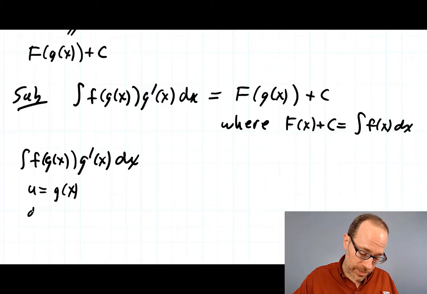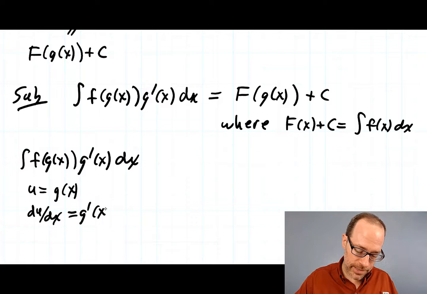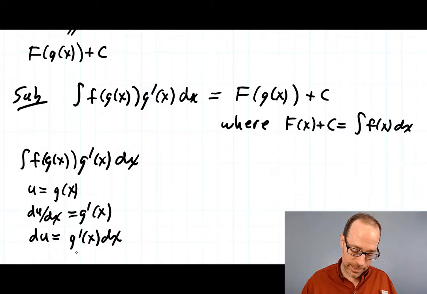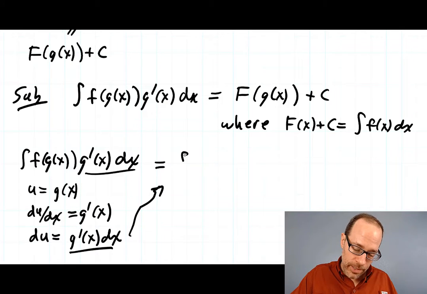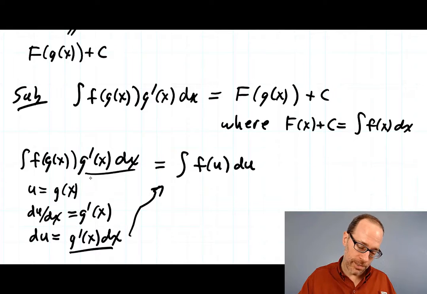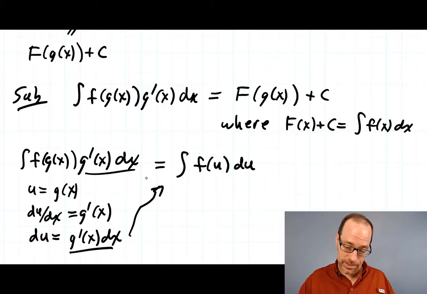And so then we would have said du dx is g prime of x. We would have solved: du is g prime of x dx. That would have made us happy because we see that here. So then we could have used our substitution method and written this as f of u, because g of x was u, times du, because g prime dx was du.